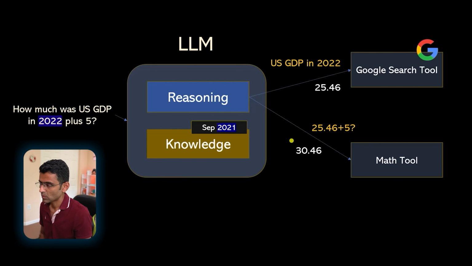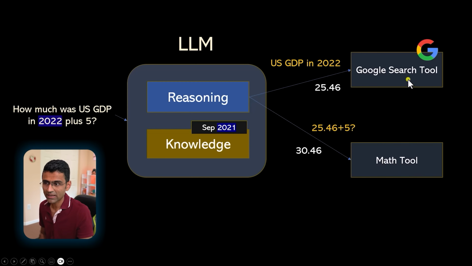Let's look at a different question. How much was US GDP in 2022, plus 5? I'm doing just a silly operation, no one cares. But US GDP in 2022, the LLM doesn't know because its knowledge is still 2021. So it will go to Google, find that answer, and then use the math tool to do plus 5.